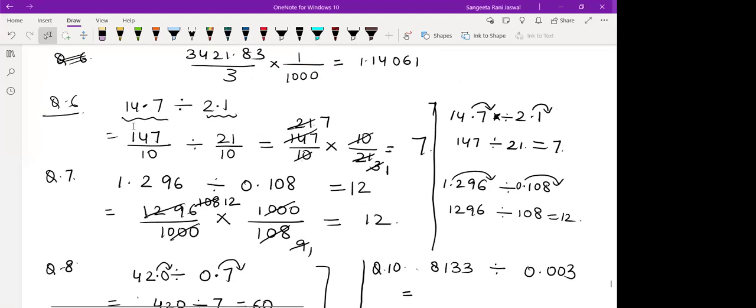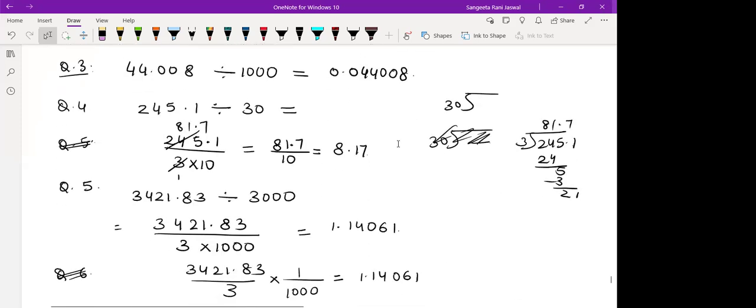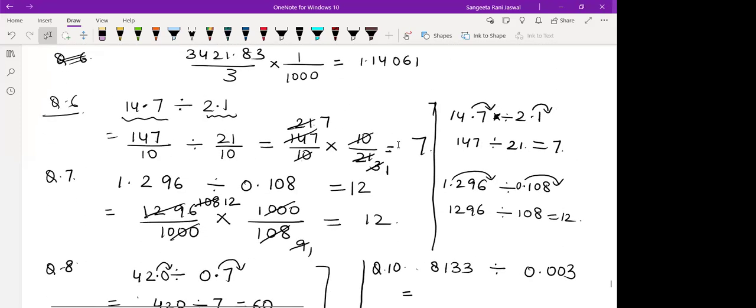This topic only you did not understand from the whole of decimals? No, ma'am, not that, only from this question. From question number 6, ma'am.